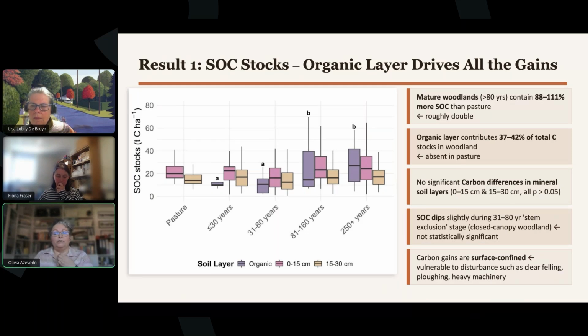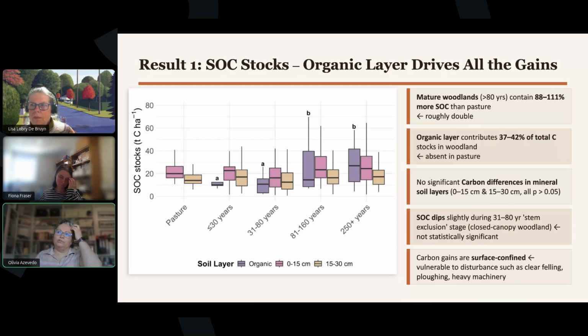There is also an interesting non-linear pattern. Soil organic carbon appears to drop slightly during the stem exclusion stage, which is 31 to 80 years since planting. That's not statistically significant in this case, but it's consistent with what we expect when trees are in intense competition and allocating a lot of carbon above ground.